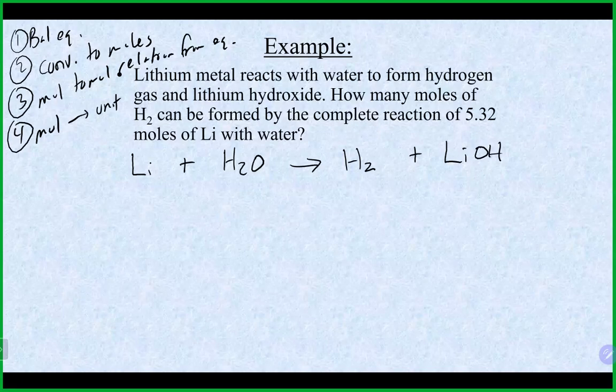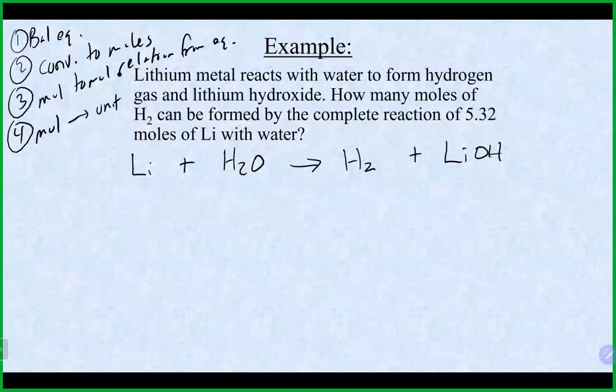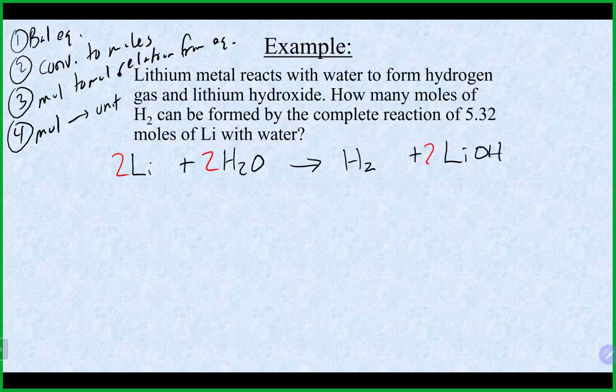So obviously in this case we had words, so like we did at the beginning here, we want to just make sure we got everybody down correct formulas first, not worried about the balancing. At this point we then need to do the balancing, and I believe if you put a 2 there, or maybe a 2 there, and maybe a 2 there, you should be balanced. Otherwise, I'm just putting 2's down, I think. But we got 2 lithiums on each side. We got 4 hydrogens on each side.